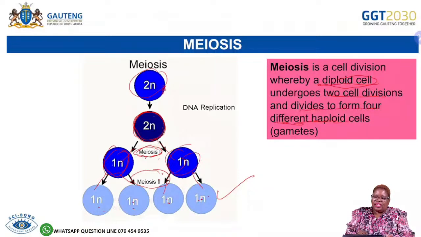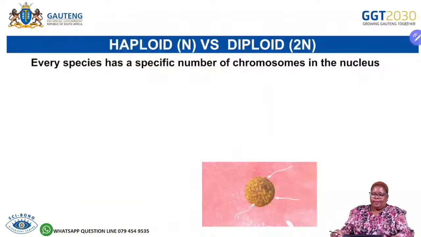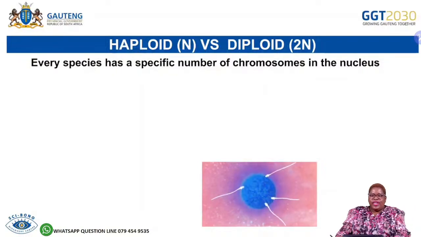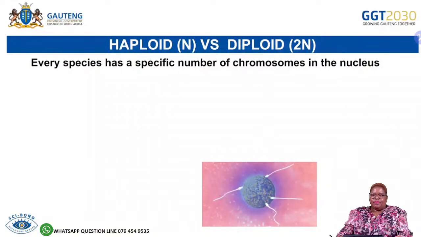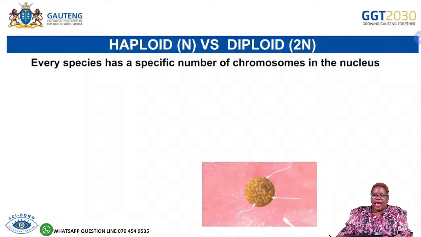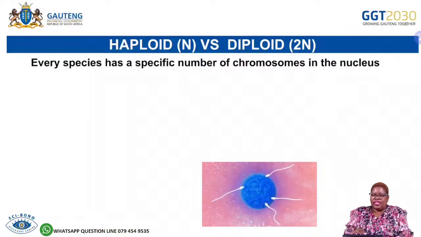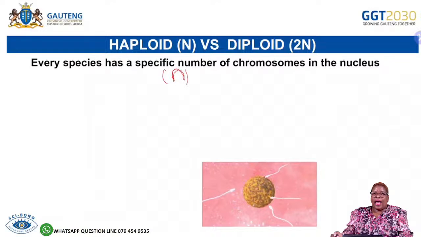The diploid cell undergoes 2 meiosis divisions, meiosis 1 and meiosis 2. Then you also need to learn, because you'll get these terms in your exams, to differentiate between a haploid and a diploid. A haploid is written using the small letter n, and a diploid is 2n.